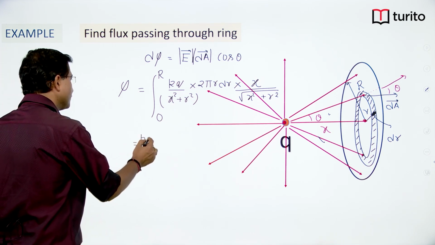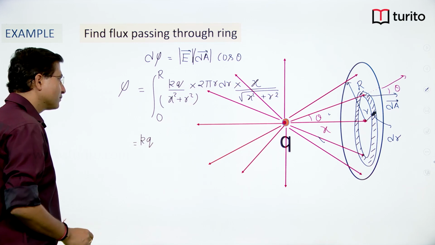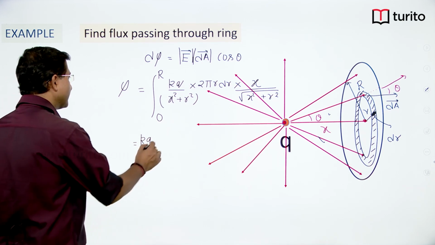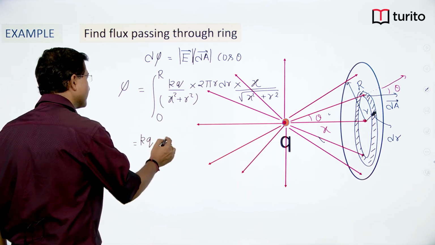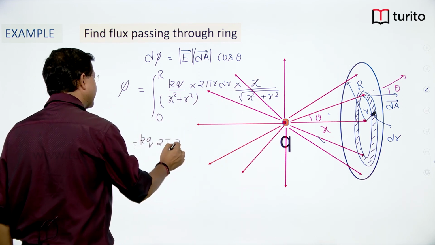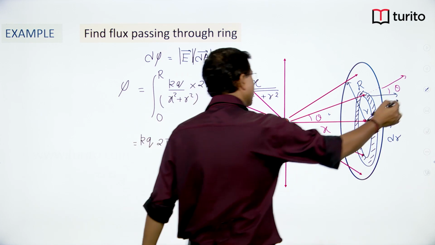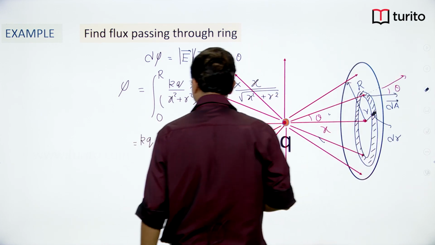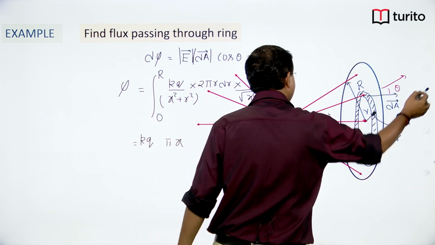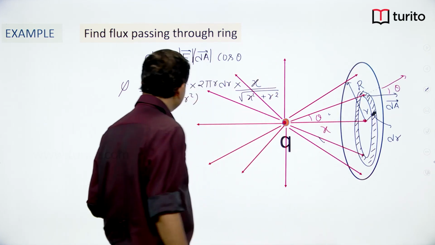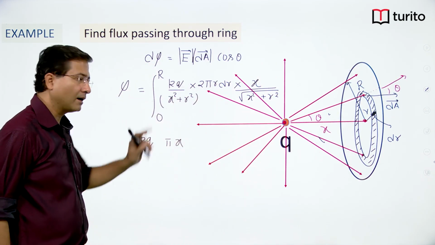So, kq into 2 pi, x is constant, I can take x out. Okay, let us make it this way. So, 2 I will keep with r.